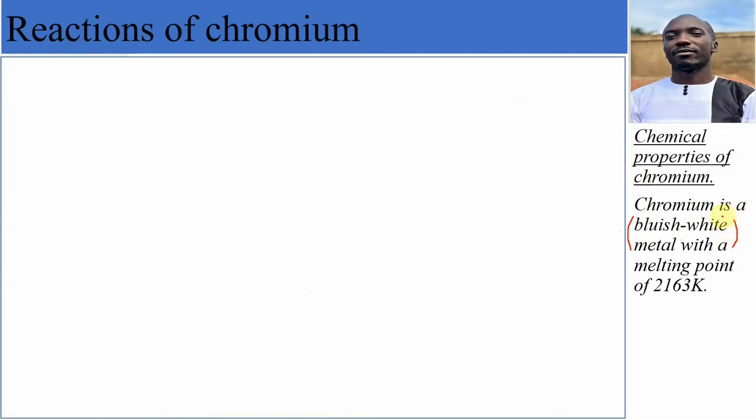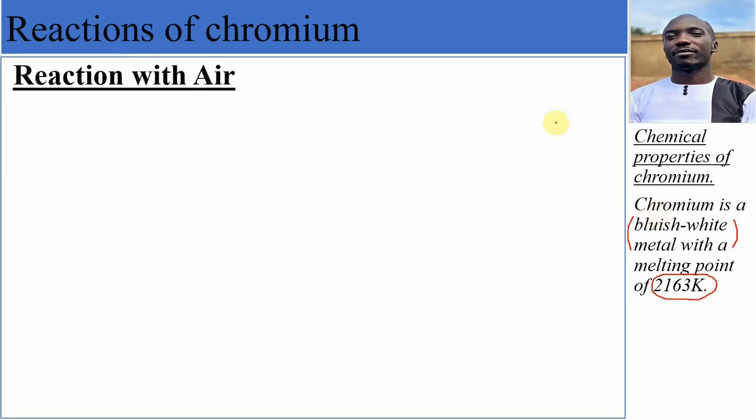Chromium is a bluish white metal with a melting point of 2163 kelvins. This is supposed to come under physical properties, but we needed to know what we are dealing with, so that when you're writing the observation, you can return the original color.